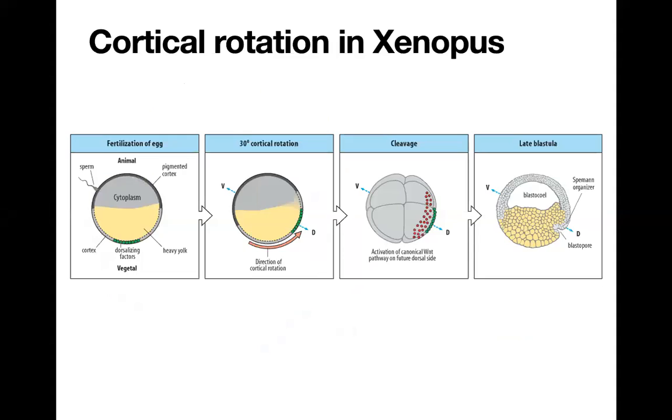So the Xenopus embryo does something cool. There's something called cortical rotation that happens in Xenopus embryo.